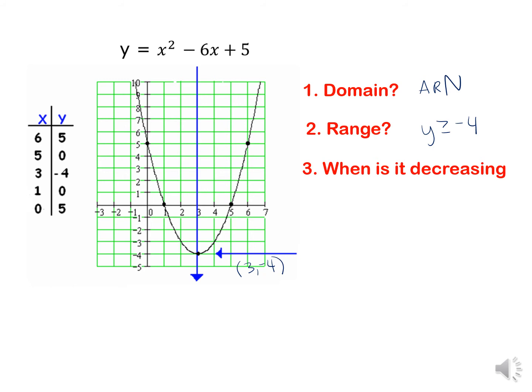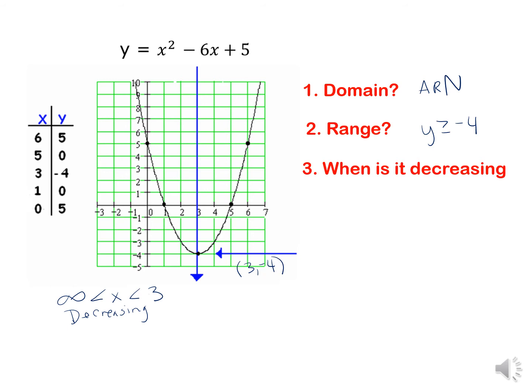When is it decreasing? So it's decreasing from infinity when x is greater than infinity or less than the lowest point, -3. We go by the x's, right? So it's decreasing until x is 3. So that is the decreasing part of my graph. Okay, and that is the way you could write it.